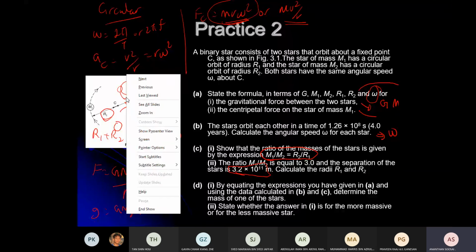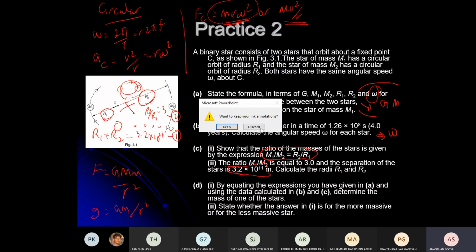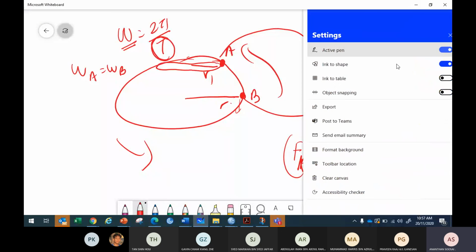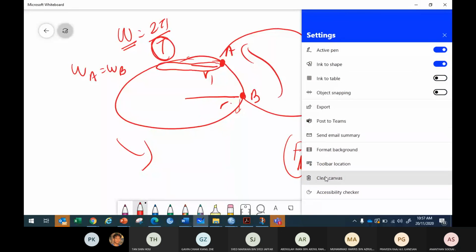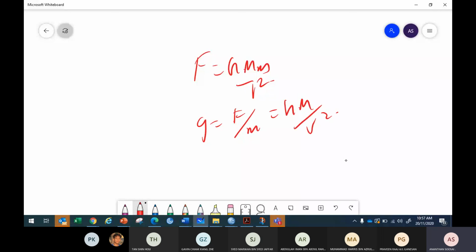So overall, today you learned about gravity. F equals GMm over R squared. g equals force over mass, GM over R squared.